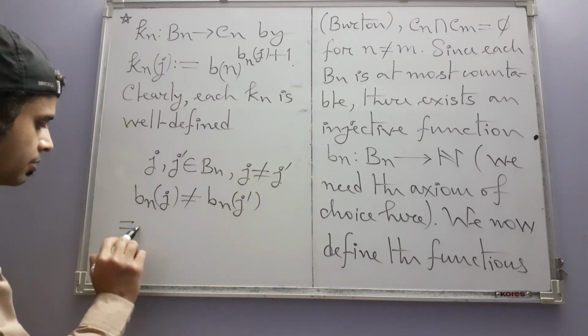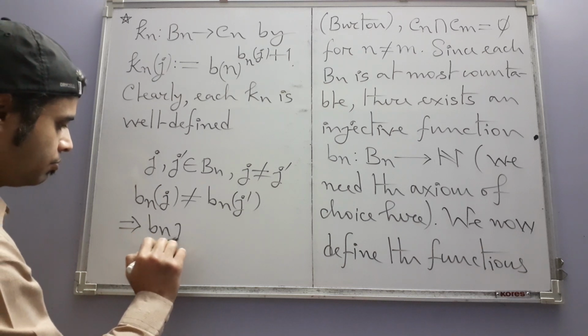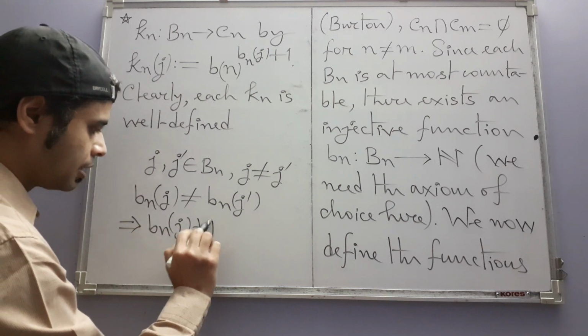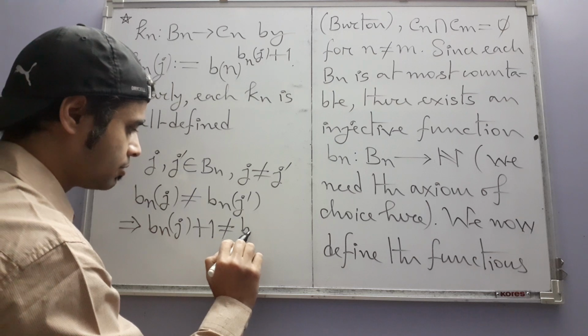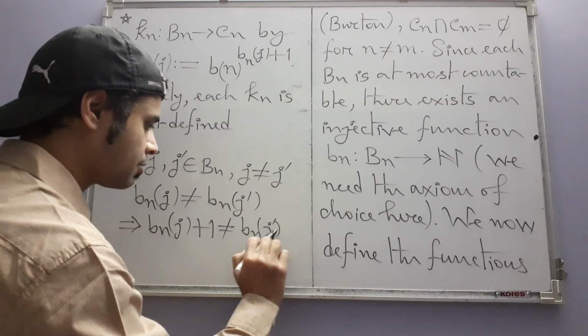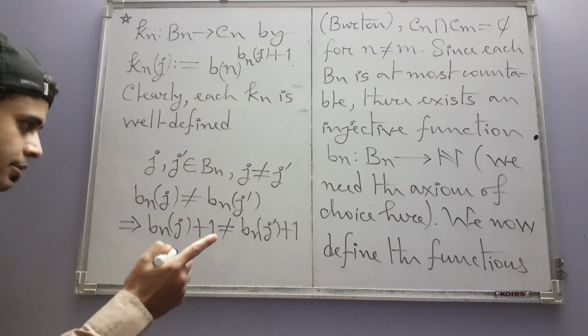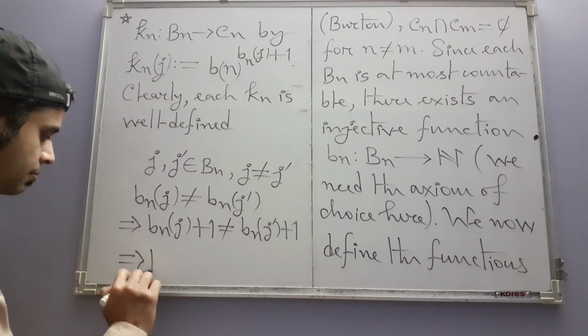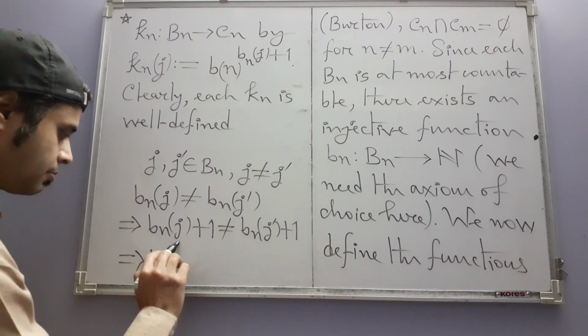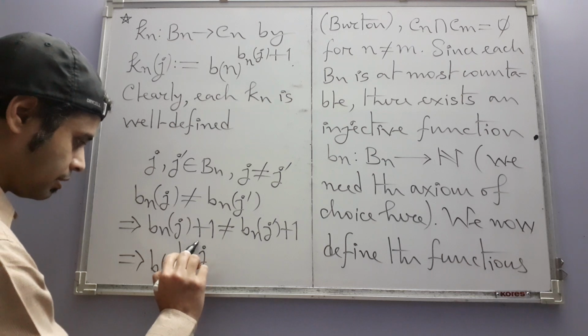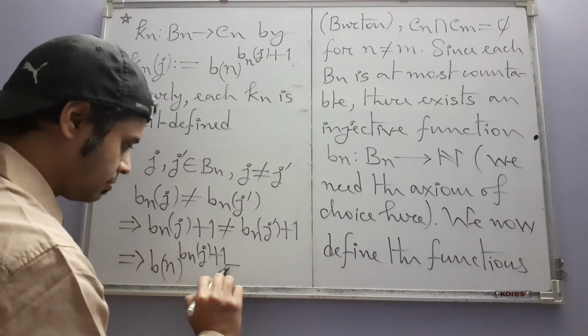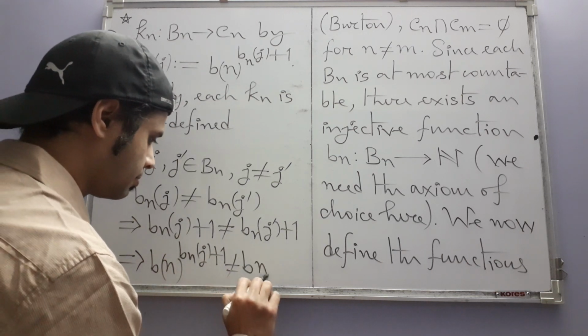As a result, bn of j plus 1 is also not equal to bn of j prime plus 1. And as a result of this, these powers of bn are also distinct.